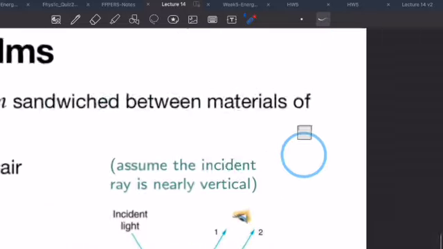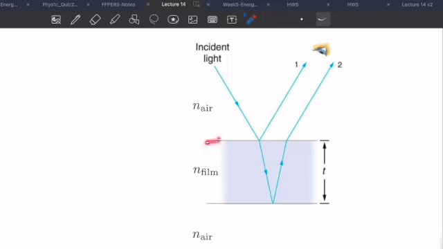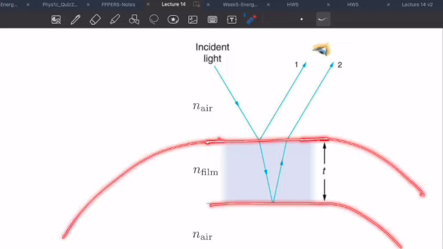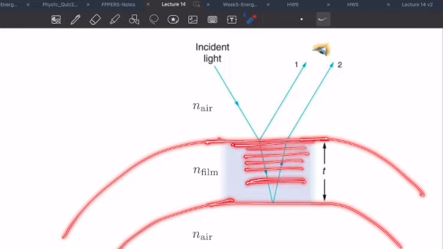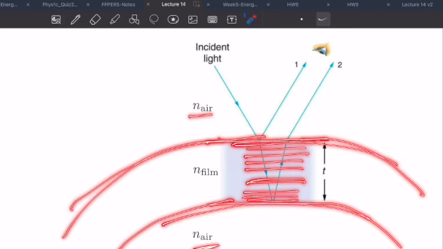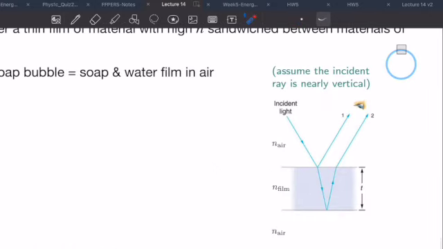Okay, so here we have it. My two boundaries, if you want to extend, make the bubble. This is what we're looking at. Here's my soapy film, here's air up here, here's air down here, and you can imagine a soap bubble. So we get incident light reflected.